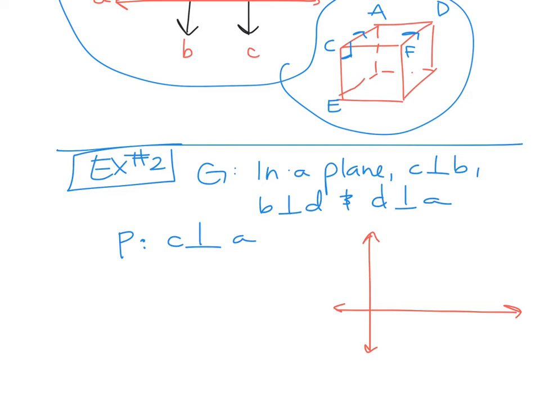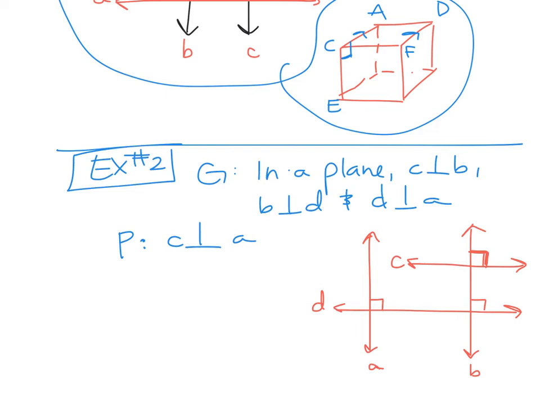So this is line D, this is line A, this is line B, and this is line C. And these are all marked perpendicular. Okay, so C is perpendicular to B, that's this one up here.